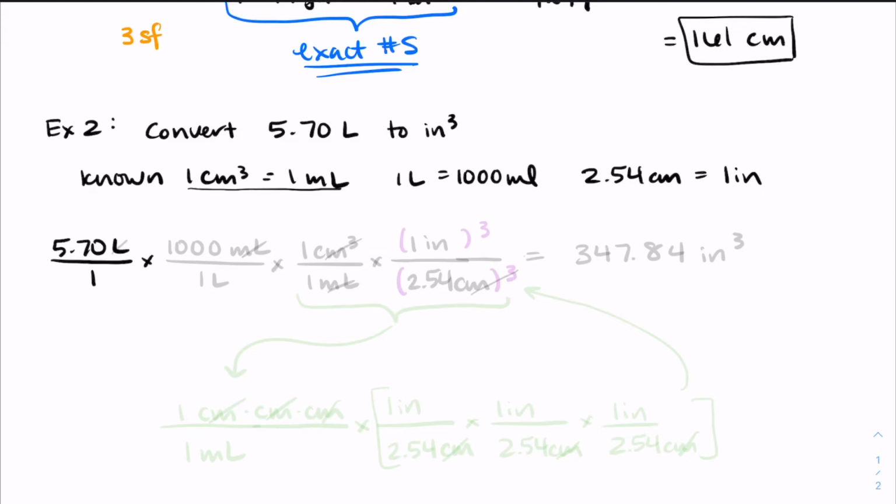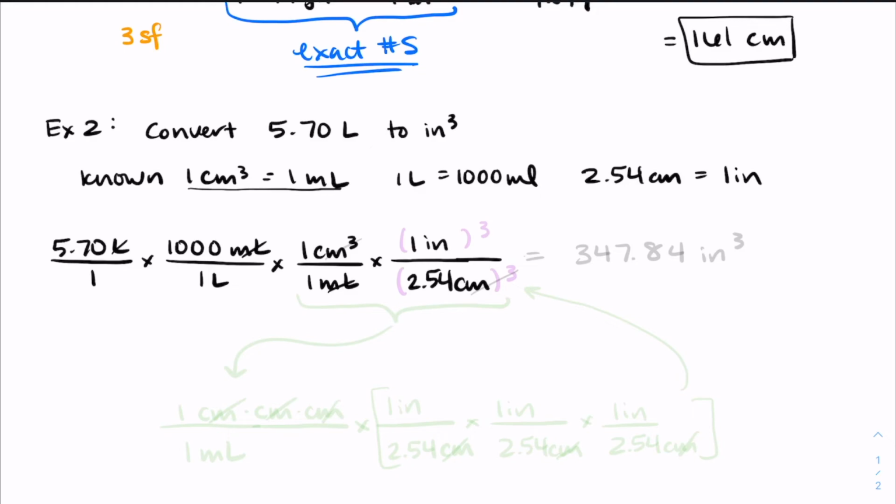So this seems okay. I'm starting in liters. I know I can get to milliliters. I know that milliliters will take me to cubic centimeters, and then I have to figure out how to deal with the cubic portion of this, but I can go from centimeters to inches. So 5.70 liters, the conversion factor I need is 1,000 milliliters over 1 liter so that my liters cancel.